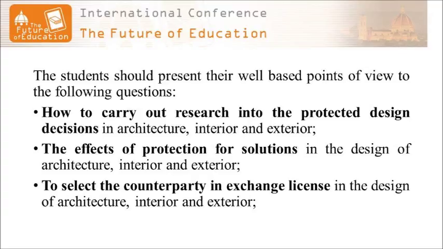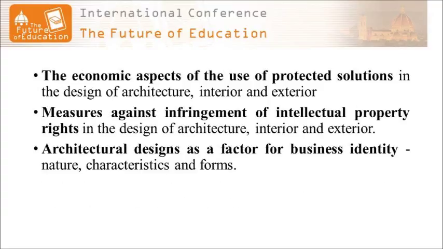The students should present their well-based points of view to the following questions: how to carry out research into the protected design decision, the effects of protection for solutions in the design of architecture, and how to select the counterparty in exchange license. Also, the economic aspects of the use of protected solutions, measures against infringement of intellectual property rights, and architectural designs as a factor for business identity and visual culture.